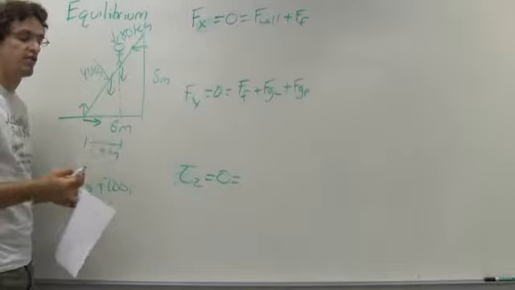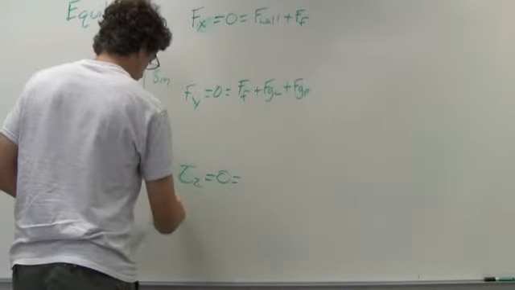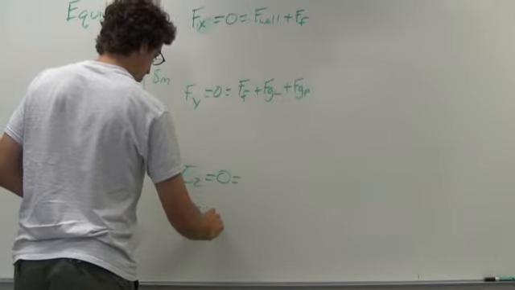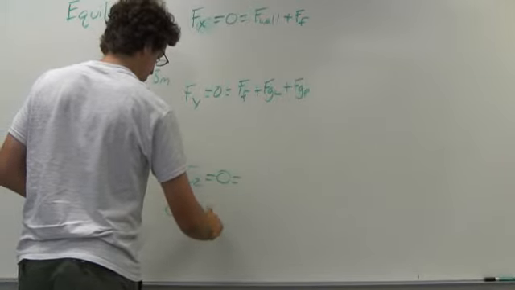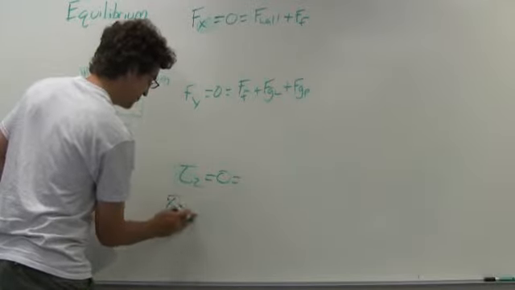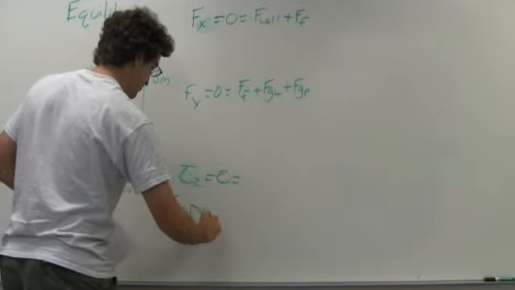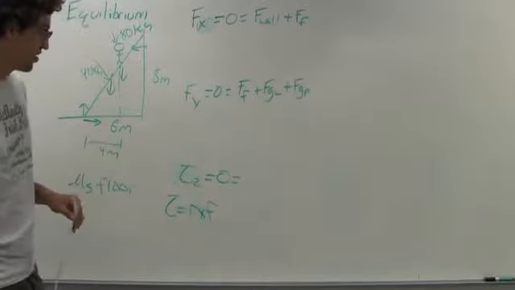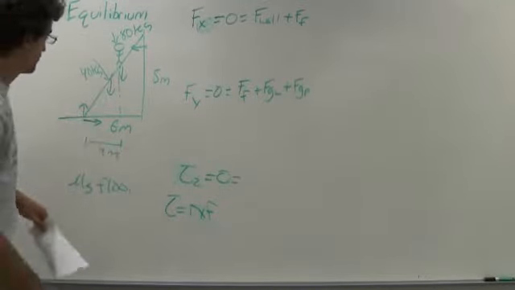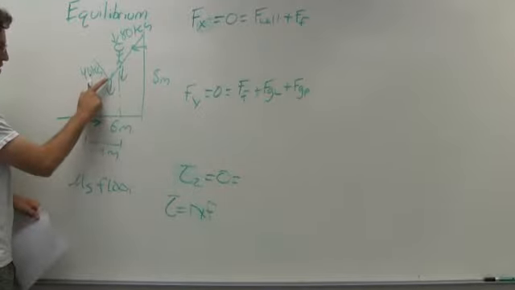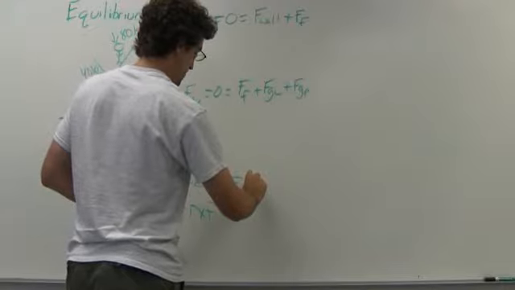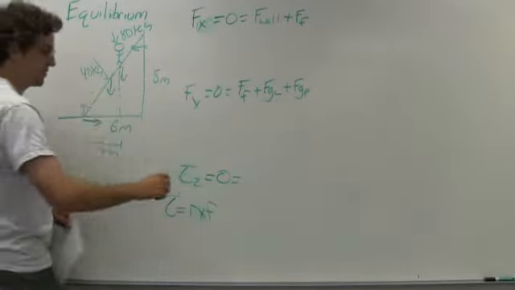Now, if you calculate torque, in general, that's R cross F, sorry, wrong direction. Okay, it's R cross F. So the torque for the ladder, R goes up 5 meters.